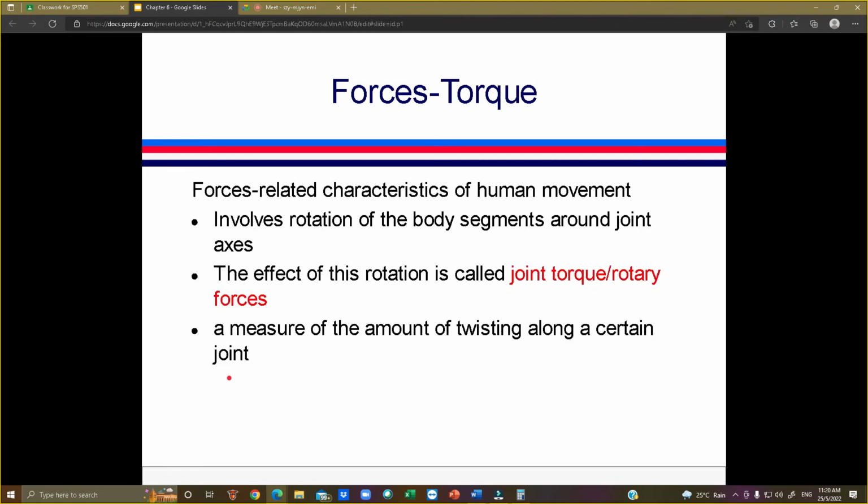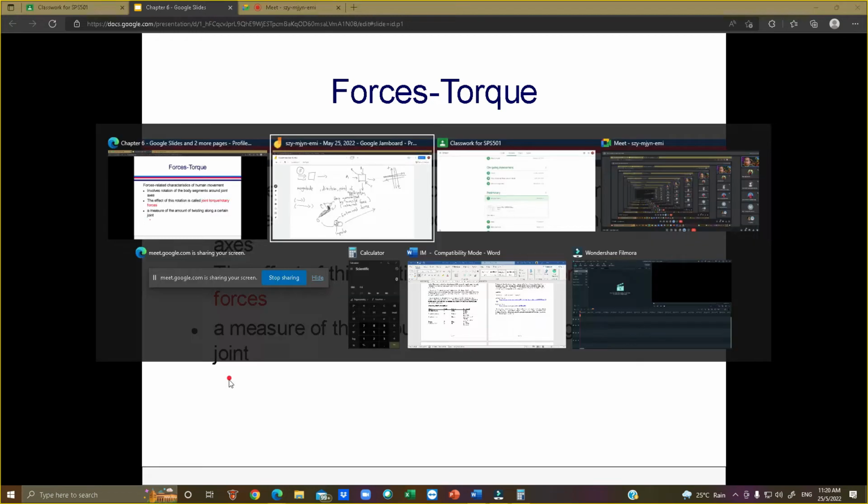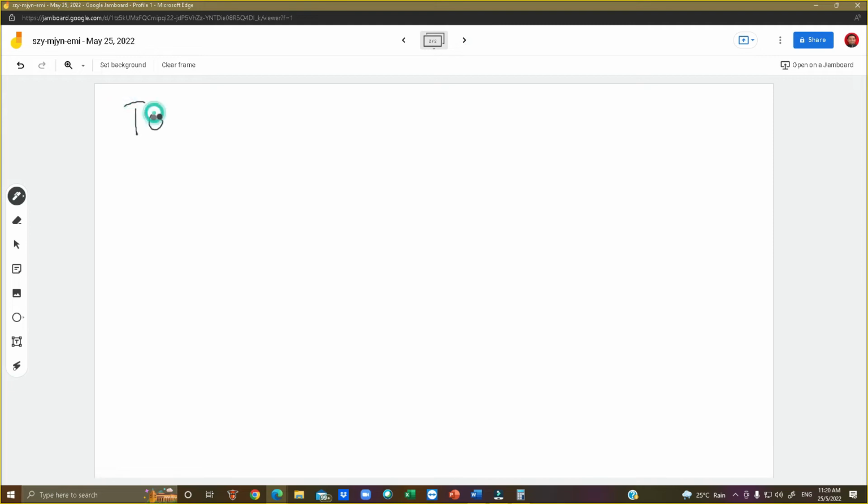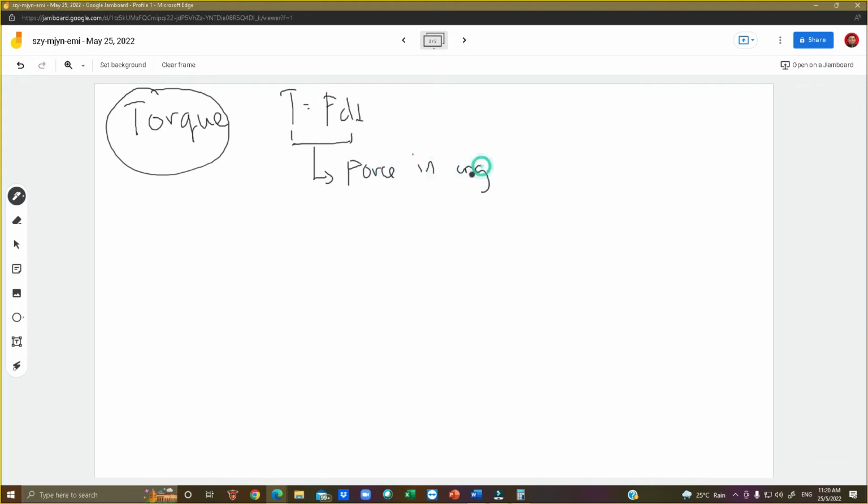And then we have force and torque. When we talk about torque, kita dah mula masuk ke dalam angular, because torque T equals F times D, this one is actually force in angular fashion. Jadi dalam case angular, we are not going to call it force.